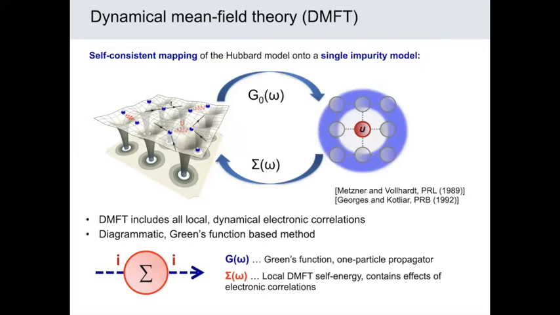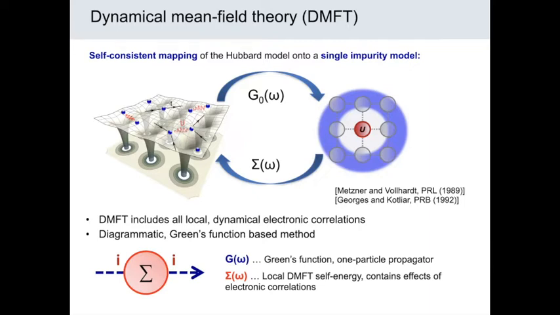And one approximation to tackle the Hubbard model is the dynamical mean field theory, DMFT. Here on this slide, you can see in a very simplified way the main idea of DMFT. What DMFT basically does is it maps the Hubbard model self-consistently onto a single impurity model.